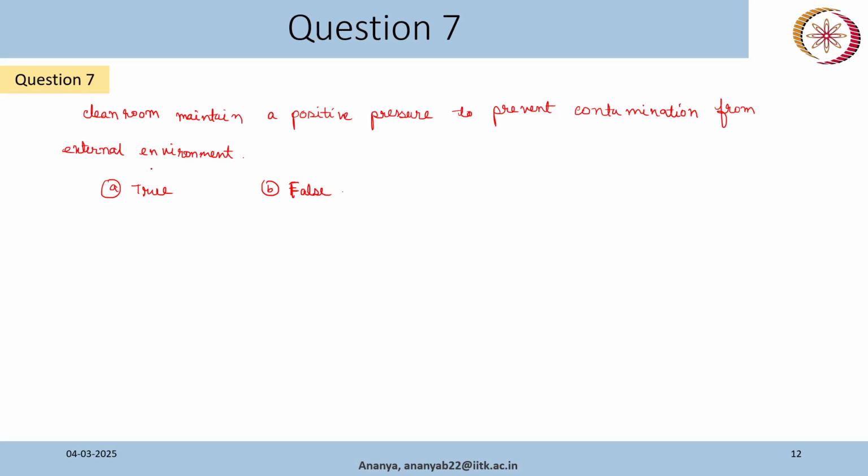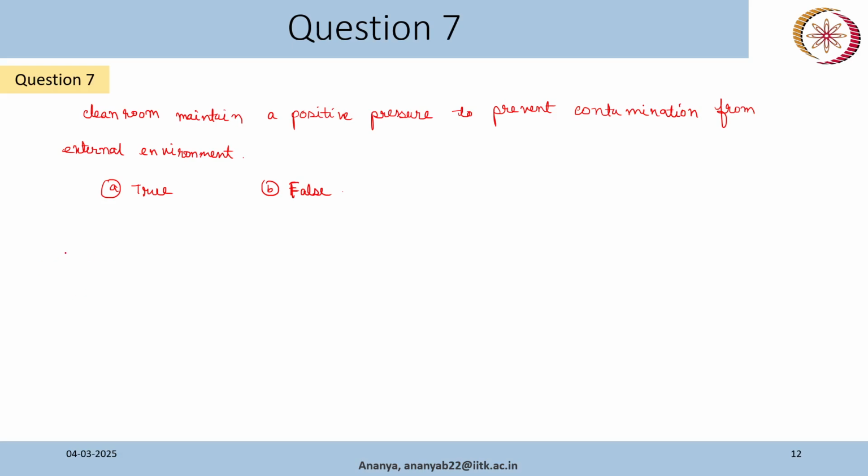The reason is that in that way, the air flow will be from the inside of the clean room to the outside, not from the outside to the inside. If air flows in from the outside environment, then the main purpose of the clean room will not be served. We want a particle free environment for our work, for fabrication and characterization of our devices or sensors, or in whatever area you are working in.